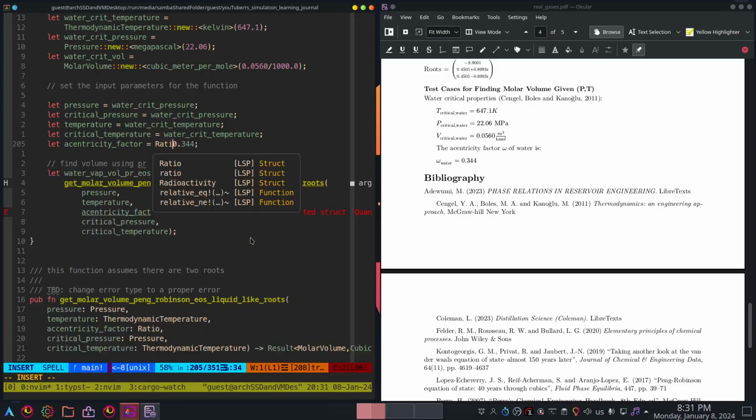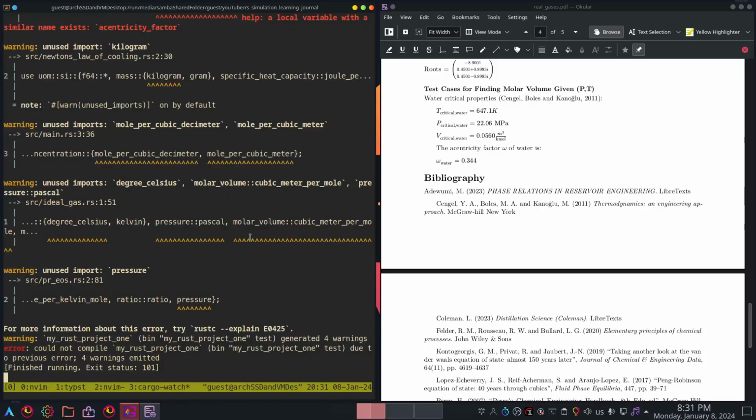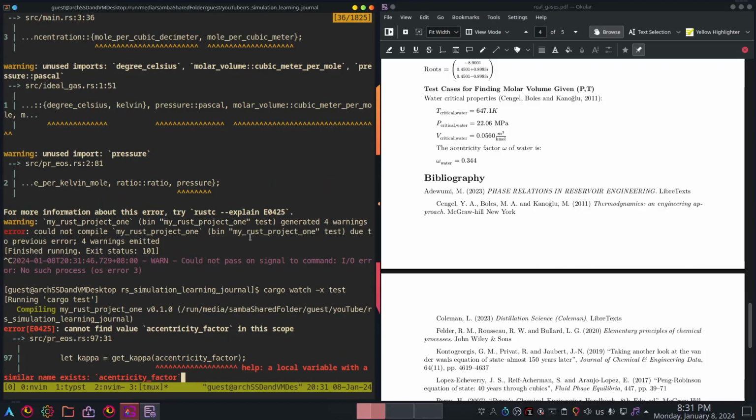And it's expecting a quantity. This is what I must write. And that should compile. Or not. What is missing? Yes, get kappa eccentricity factor.